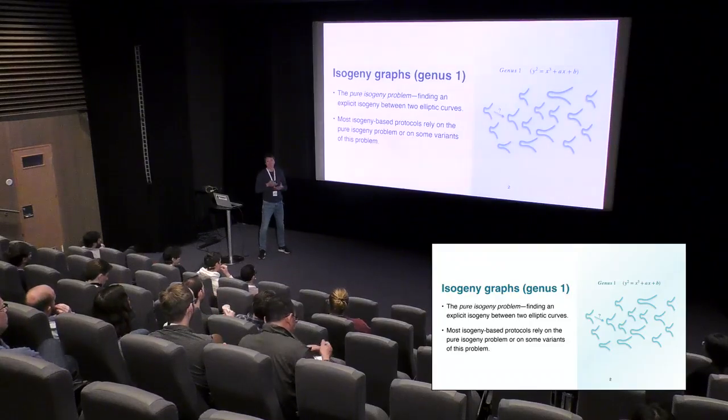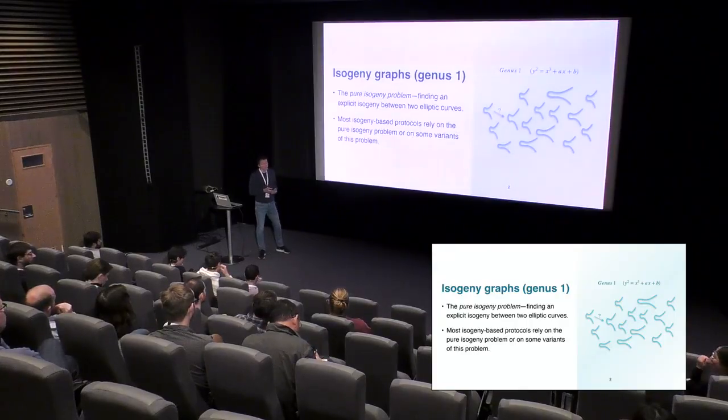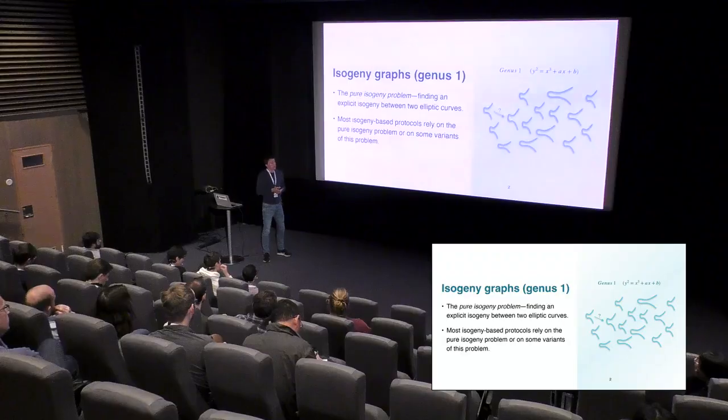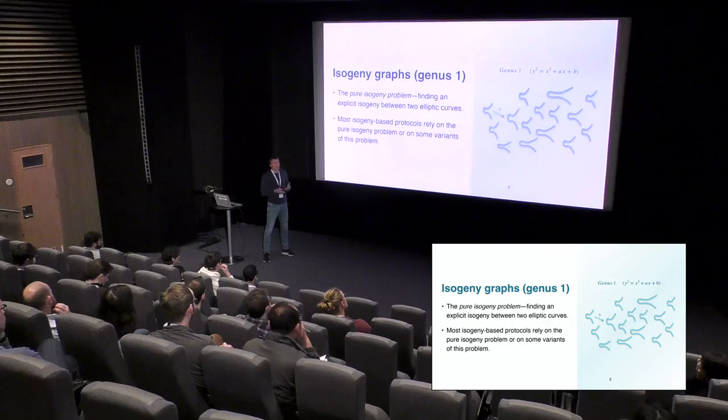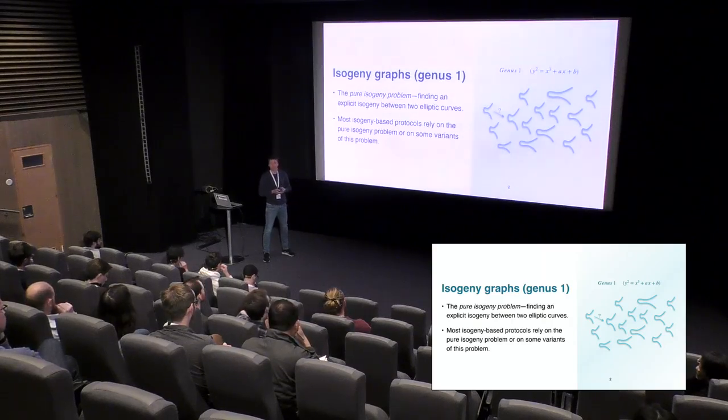When you go to higher dimensions, to dimension 2, or we also say genus 2 or genus 3 and above: in genus 1 you have an elliptic curve, which is a torus, an object with one hole, and then when you go to dimension 2, you have objects with 2 holes. When you go to dimension 3, you have objects with 3 holes, and so on.